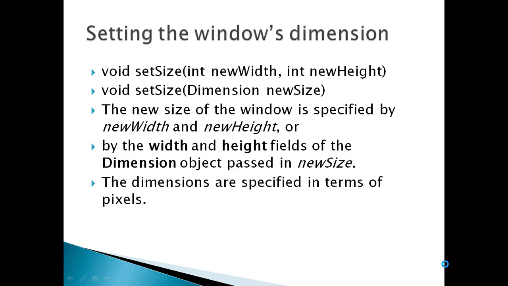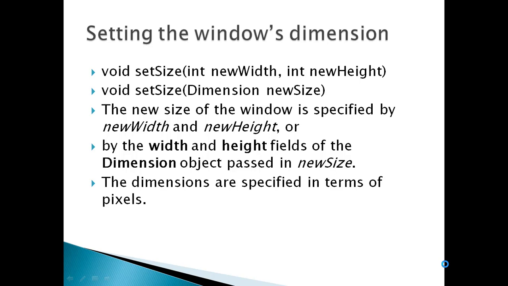In setSize we specify, like, new width 200, comma, new height 300, in pixels. Then, void setSize(Dimension newSize).